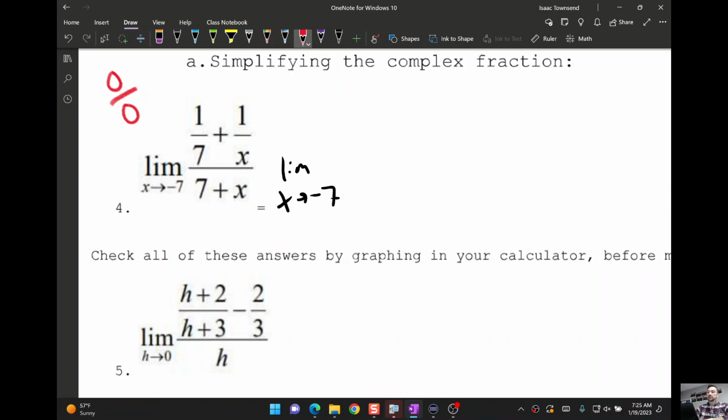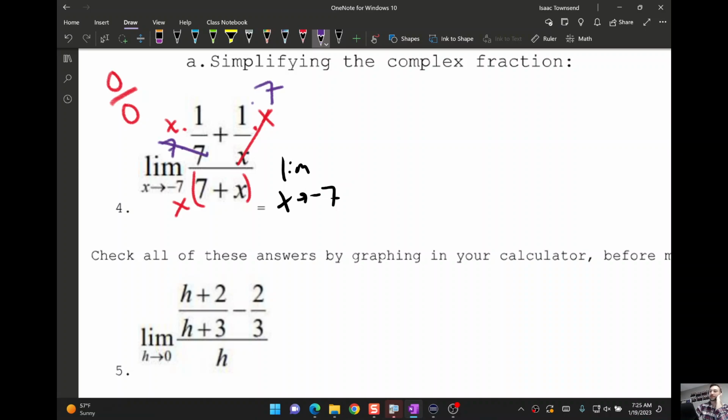But when I look at this, I know I want to get rid of this smaller denominator, and to get rid of a divided by x, I want to multiply by x. But that means everything needs to be multiplied by x if you're going to do that. How do I get rid of this divided by 7? Multiply by 7.